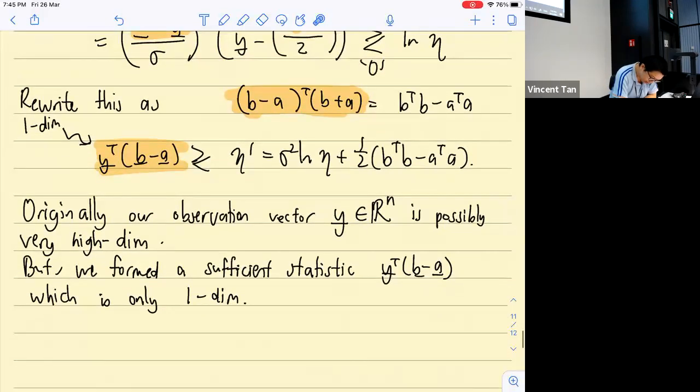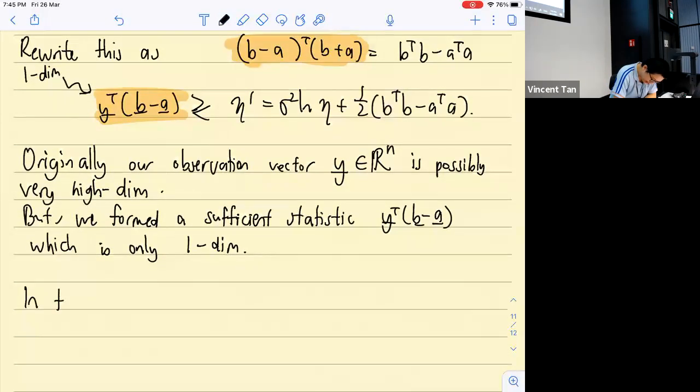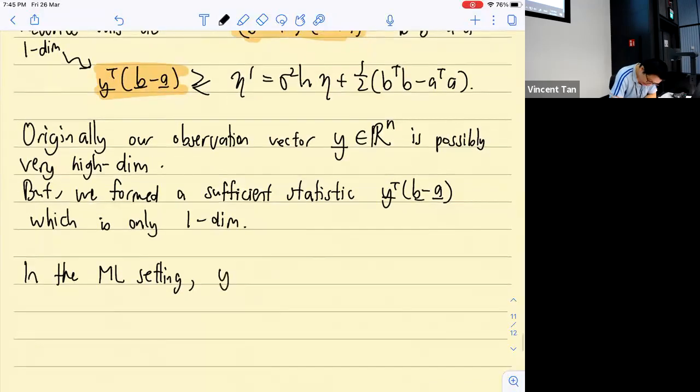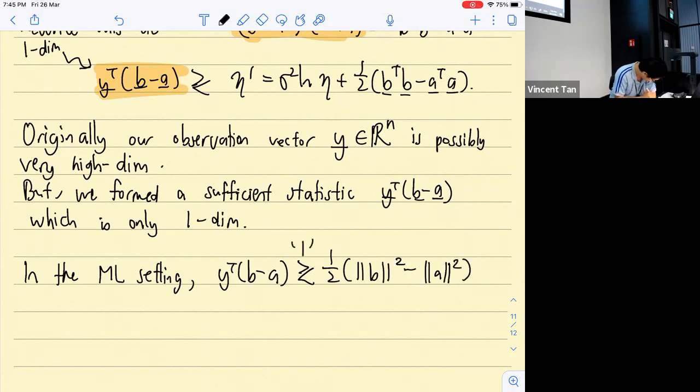Okay. All right. So now, in particular, in the ML setting, where the prior probabilities are identical, this rule becomes y transpose (b minus a), and very soon I'll drop all these things below. Compare it to half of norm b squared minus norm a squared. Okay, and we make the decision in favor of one above.